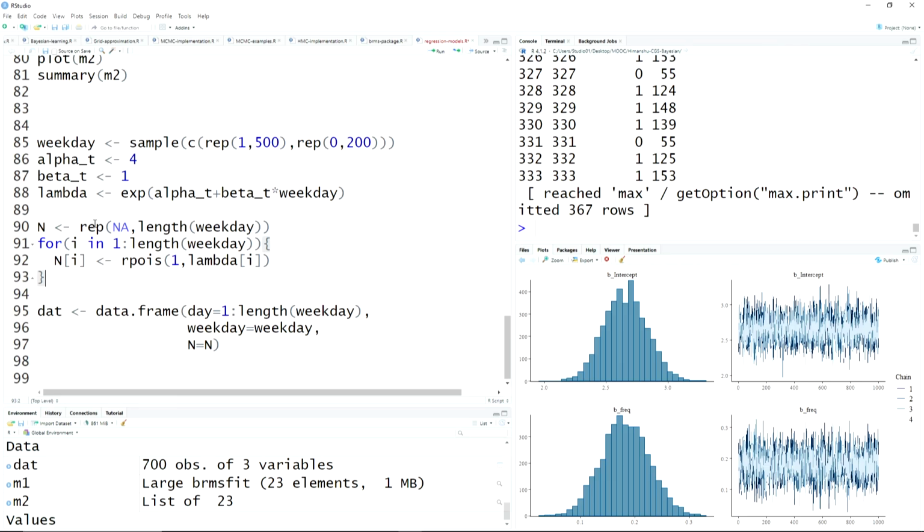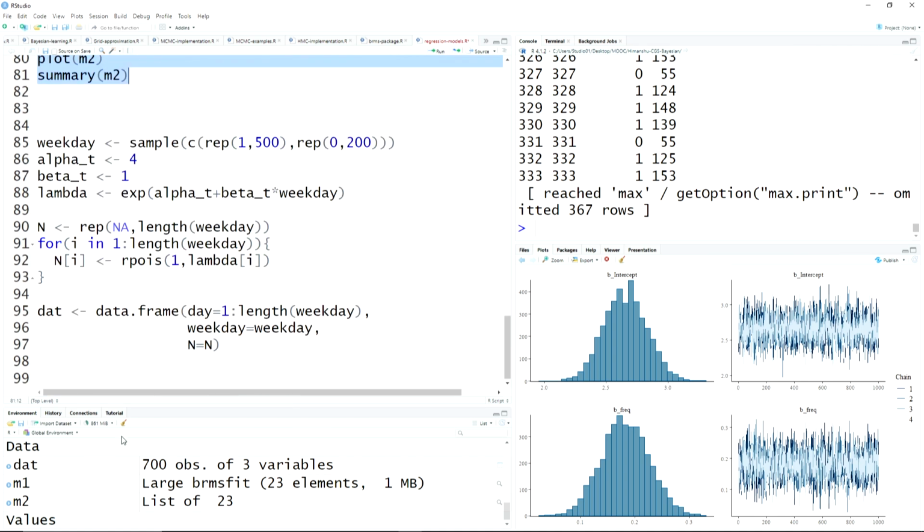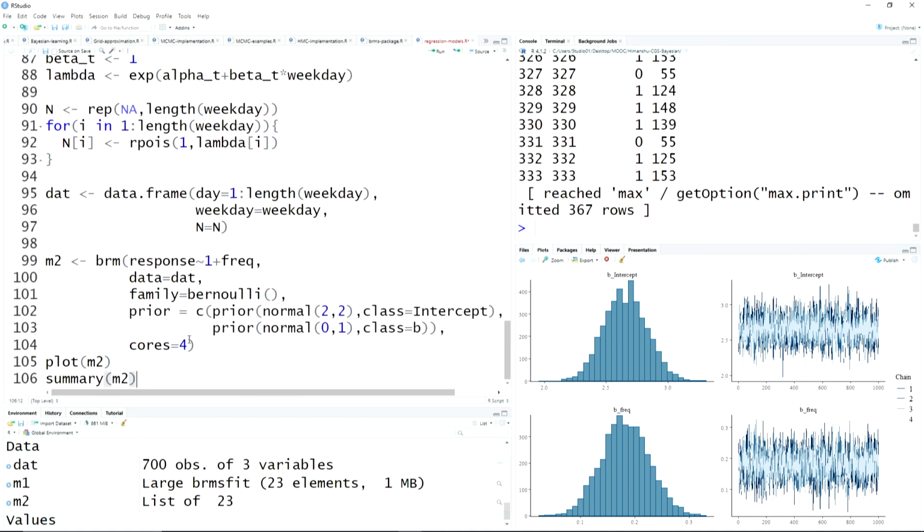Now what we can do, we can fit this using BRMS. So we will test the effect of weekday versus weekend on the rate of accidents.